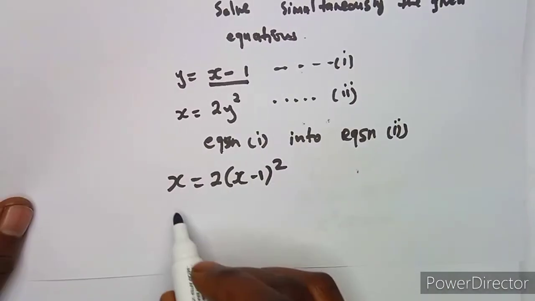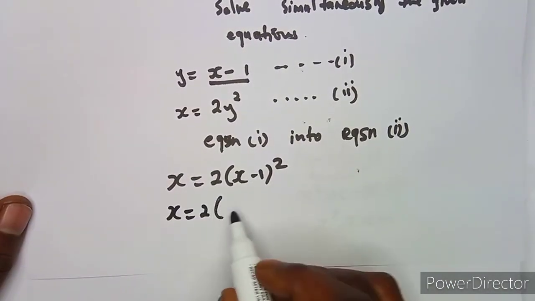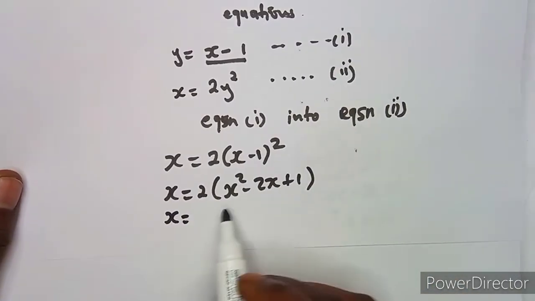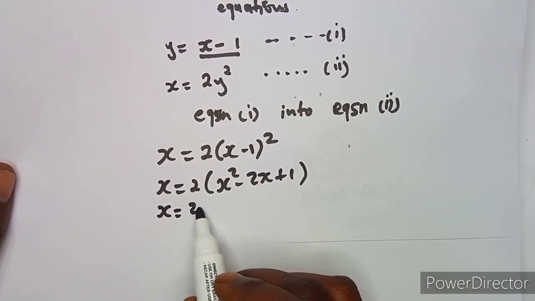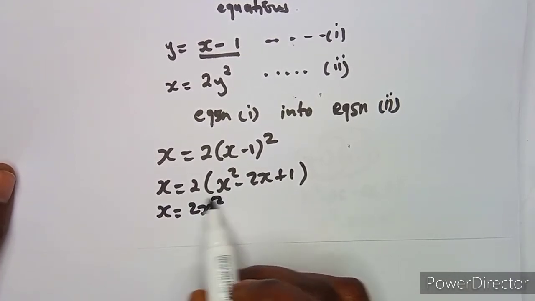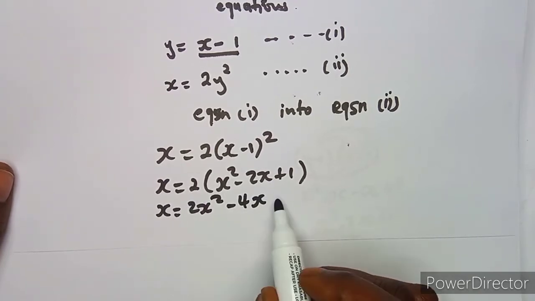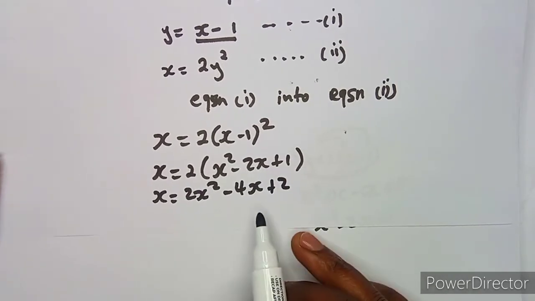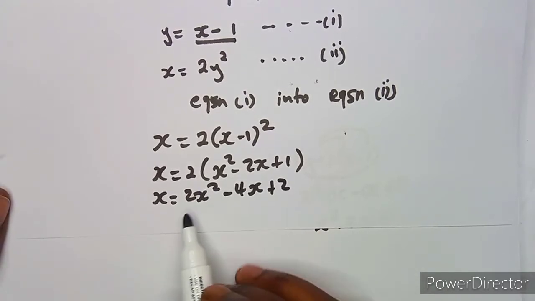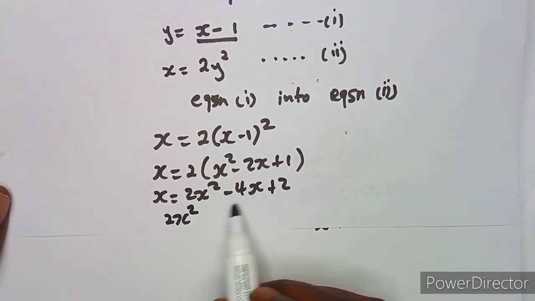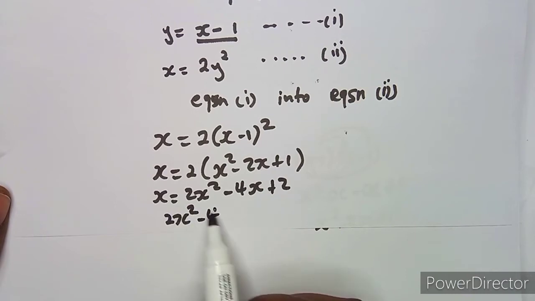So you're going to have x is equivalent to 2 into x squared minus 2x plus 1, the one that you obtained here. So you can multiply by 2. That's going to be 2x squared minus 4x plus 2. And just solving this, we are going to have 2x squared minus 4x.